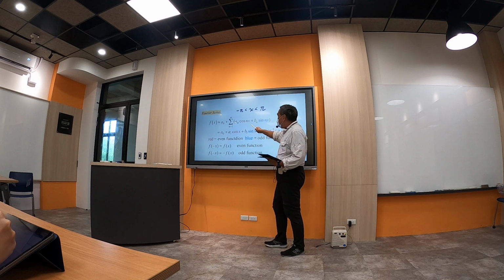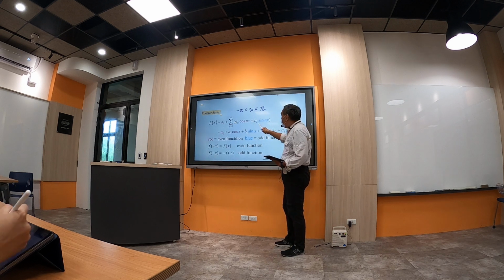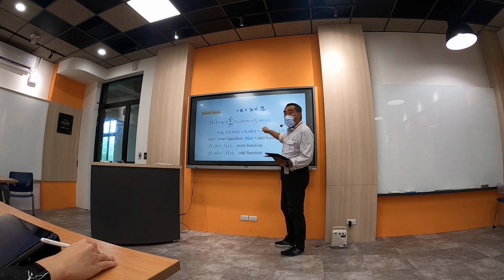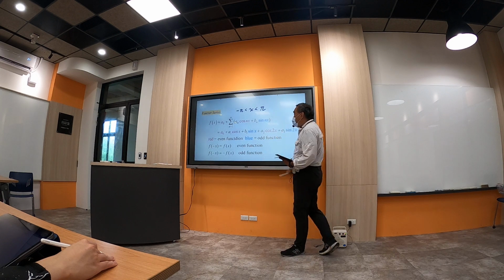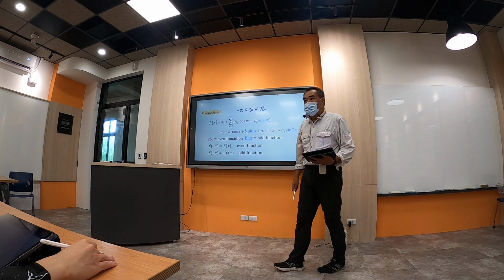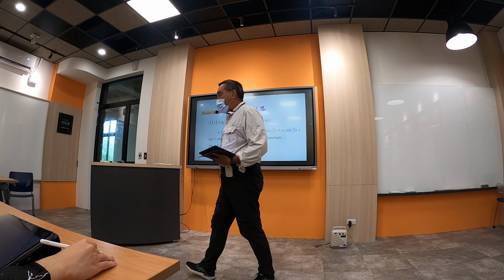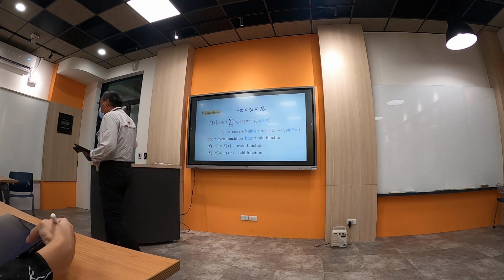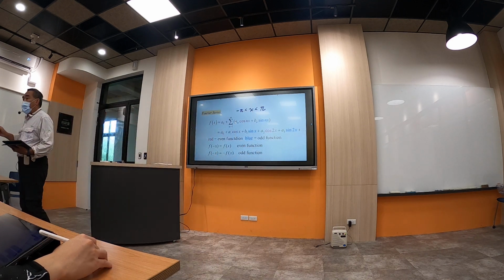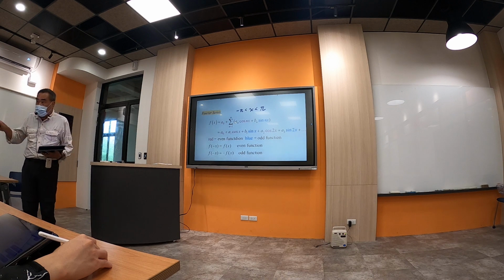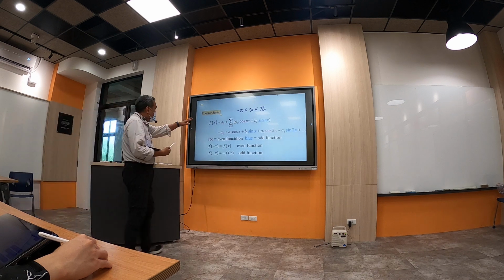This part is what? Even part. And this part is what? Odd part. It can be separated into parts. That's why when you wish to use sinusoids to simulate a function f(x), it requires two parts.